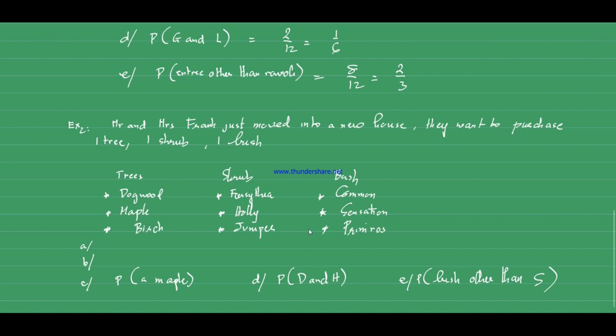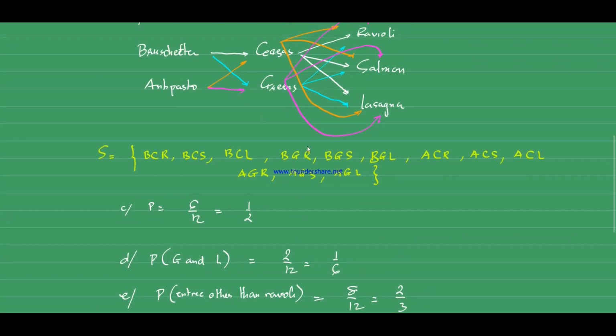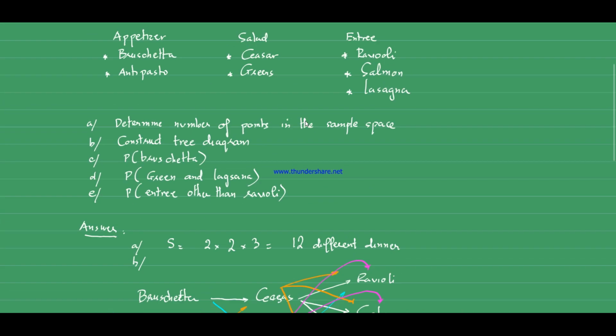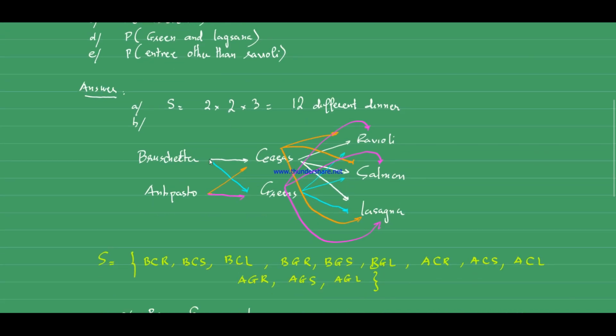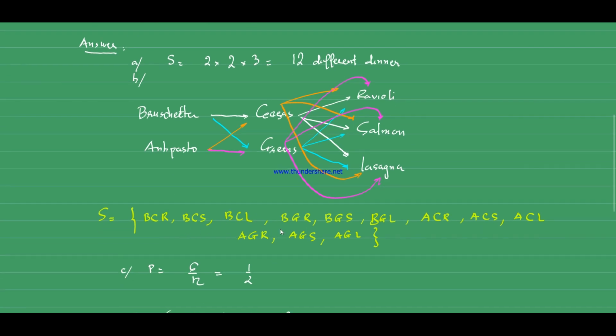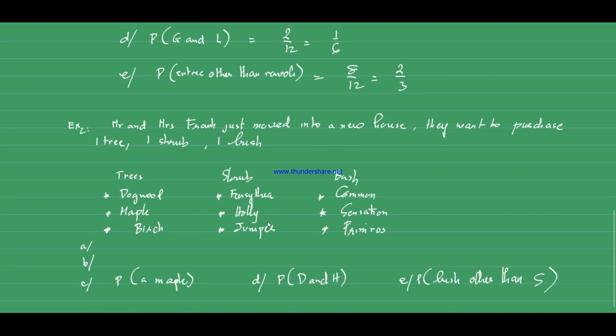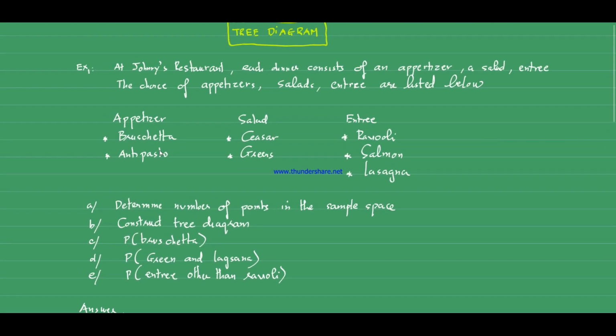When you draw the tree diagram, try to use different colors, so that it's easier for you to list all the elements in the sample space. Okay, all right. So I think we're gonna just let you guys do it, and if you cannot figure it out, then go ahead and ask me under the comment section of YouTube. But I'm sure that you guys can do this. Just basically mimic example one, right?